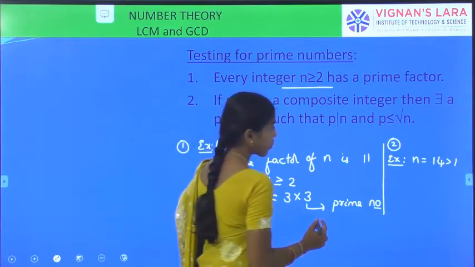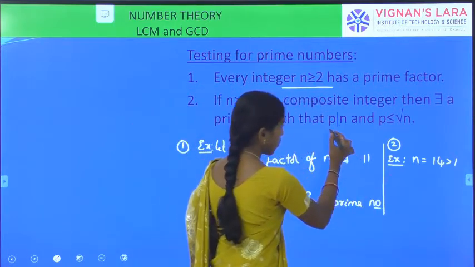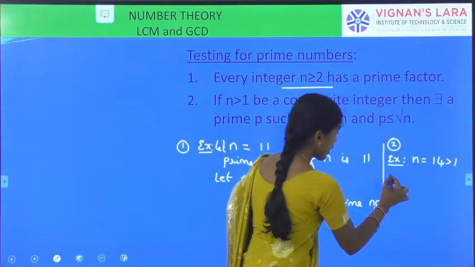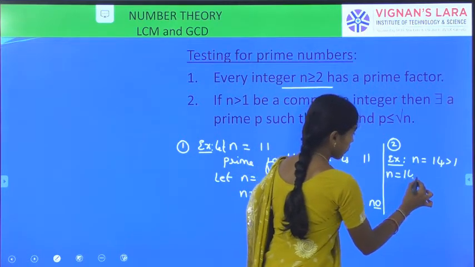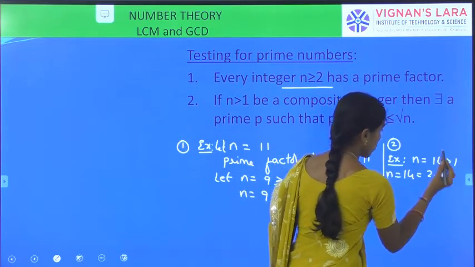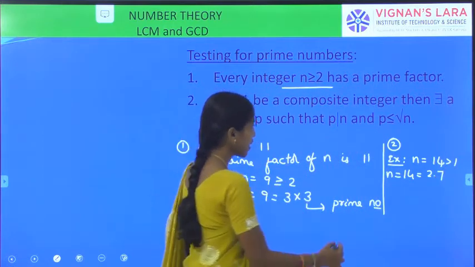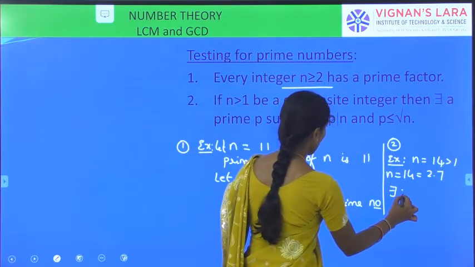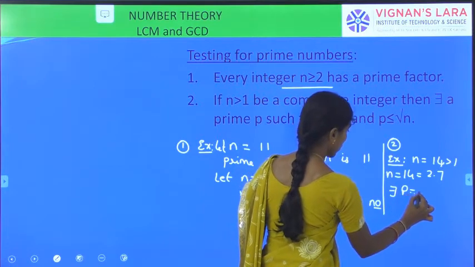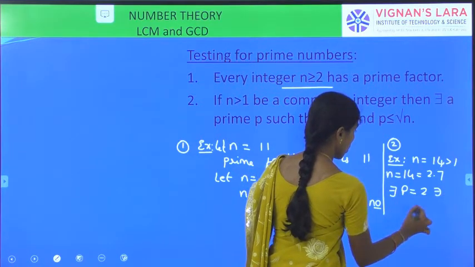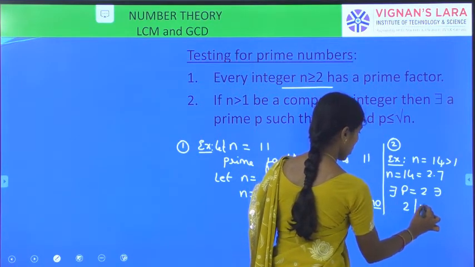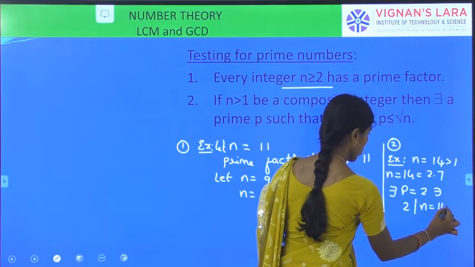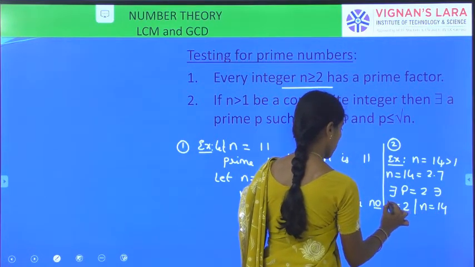There exists a prime p such that p divides n. See here, n can be written as 2 into 7. There exists p equal to 2 such that 2 divides n equal to 14, right?